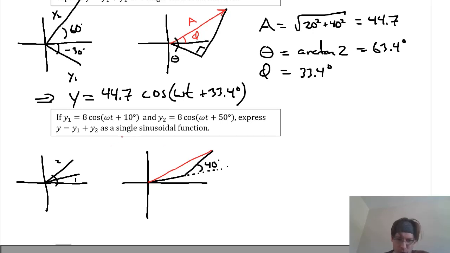And I care about two things. I care about the amplitude, and I care about the phase angle from the axis, phi. Okay. First of all, this is an isosceles triangle. It's got two equal sides. That means that these angles here on opposite sides, they're both equal. And in fact, they're both equal to 20 degrees.